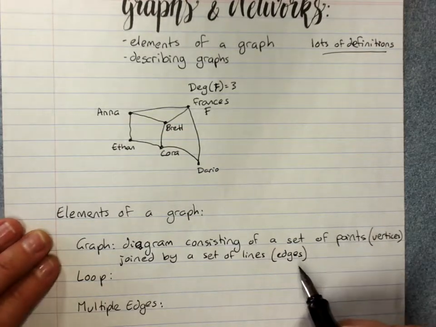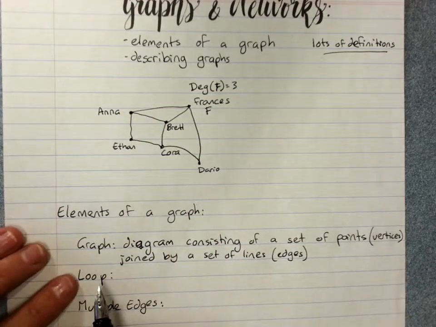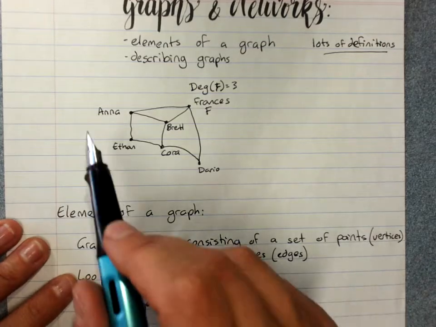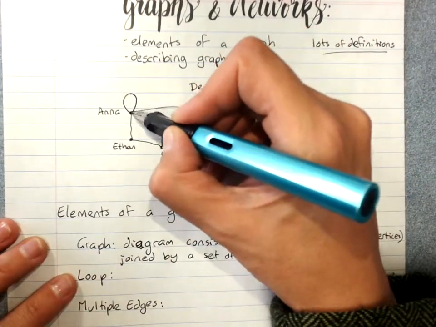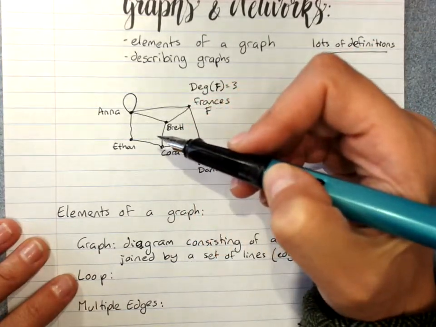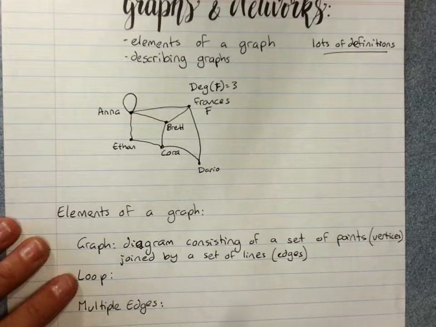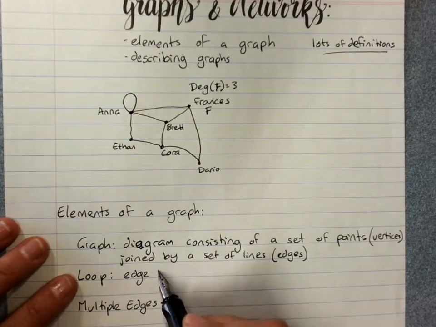And each edge joins 2 vertices, or, in the case of a loop, if Anna could in fact friend herself on this website, we'd get a loop like this. This is a loop. It's an edge in a graph that joins a vertex to itself.